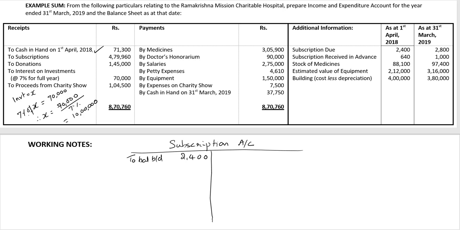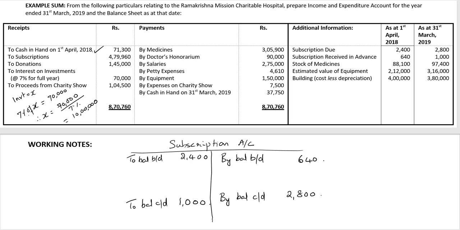And the closing balance 2,800 rupees, by balance carried down 2,800 rupees. The opening balance of subscription received in advance 640 rupees, by balance brought down 640 rupees. And the closing balance 1,000 rupees, to balance carried down 1,000 rupees.